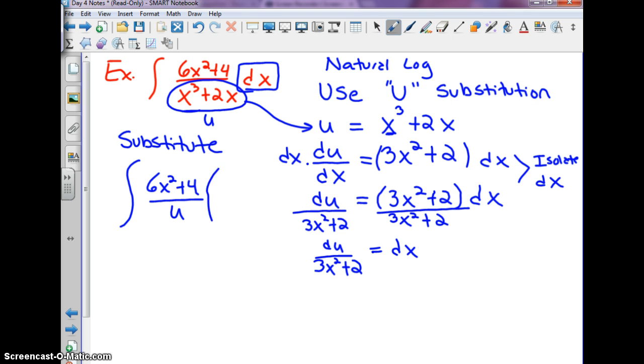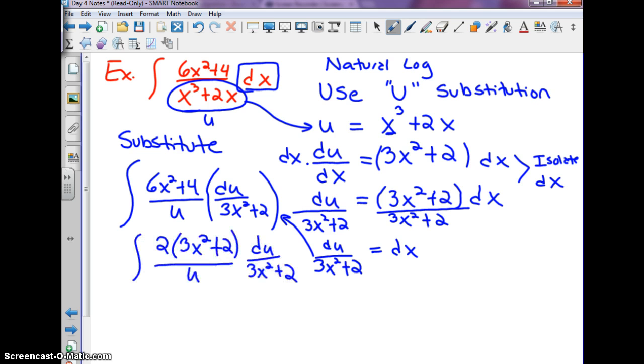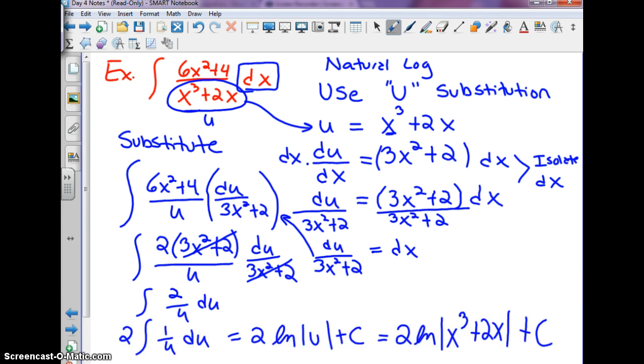And then my dx is down here, which is du over 3x squared plus 2. All right. Of course, our favorite thing once we substitute is to simplify. If I rewrite, I can cross out 3x squared plus 2, which leaves me with 2 divided by u du. I can also pull out my constant 2, and then 1 over u becomes ln of u.